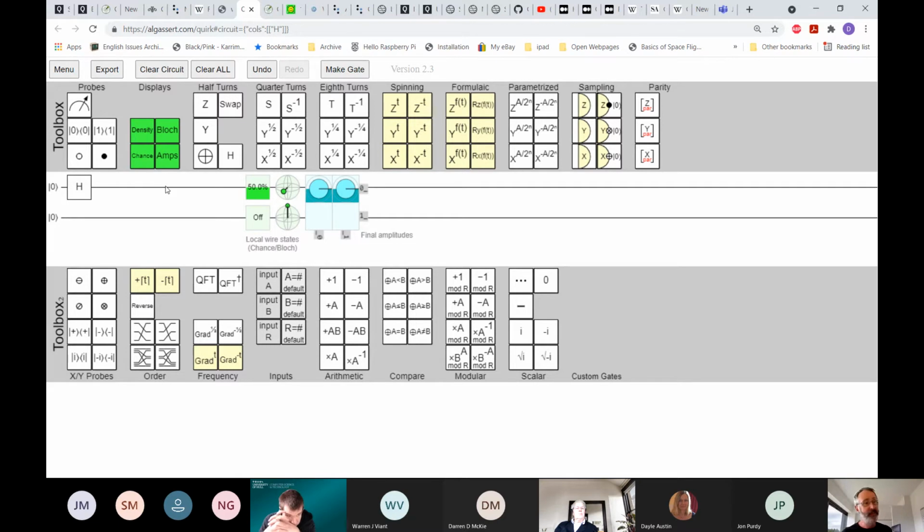So it's become a 50-50 chance. I won't go into the details, but this nice little circuit will let you see the probability of that occurring. So we can build up circuits using this technique.